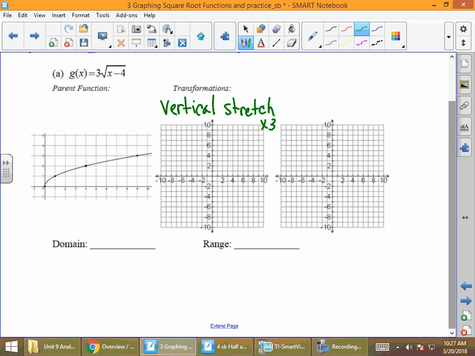But 0, 0 is not going to change because 0 times 3 is still 0. But in our parent function, we have this next point, 1, 1. The y value of 1 is going to be multiplied by 3. So this is going to become 1 times 3. So our second point on this graph is going to be 1, 3.